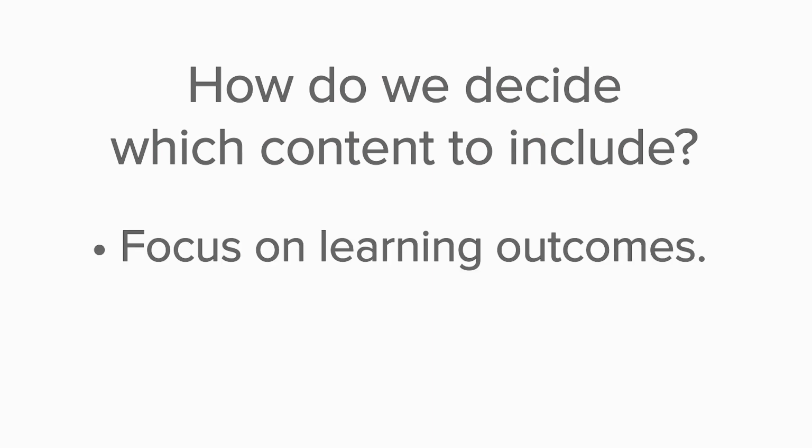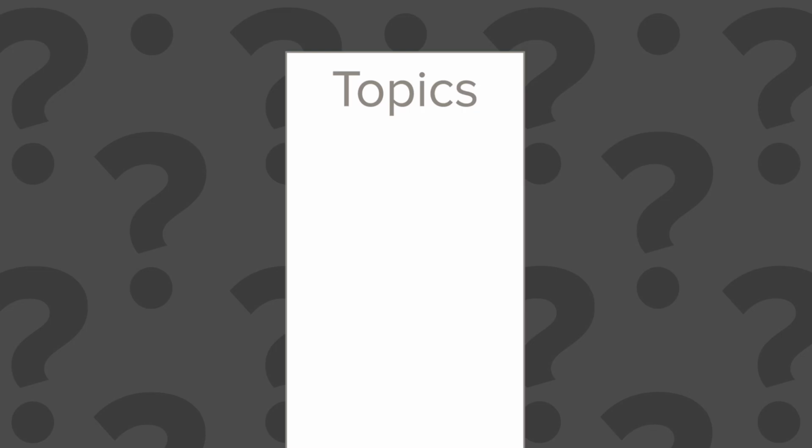First, we focus on the content that helps students meet the learning outcomes you set for your course. Content is, in essence, a series of topics or examples that illustrate the bigger, disciplinary ways we want our students to think.